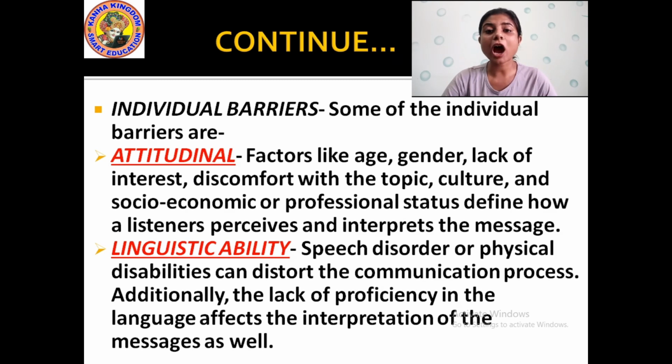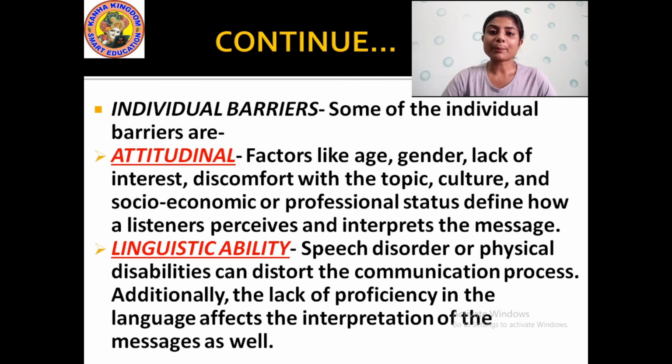This defines how a listener perceives and takes the message which you are trying to send, interprets the message, and how he reacts accordingly to the message that is being sent to him or her.